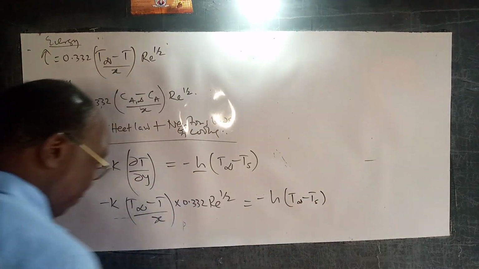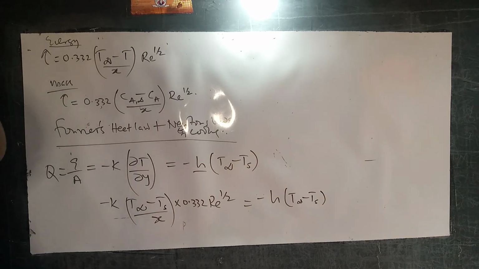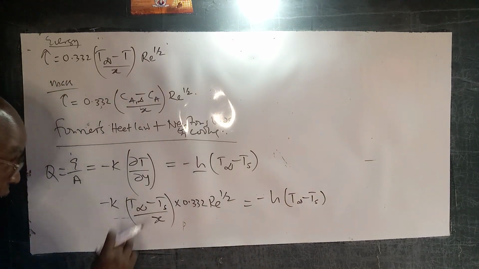Of course, we can eliminate T infinity minus Ts here, and we can remove the negative signs.